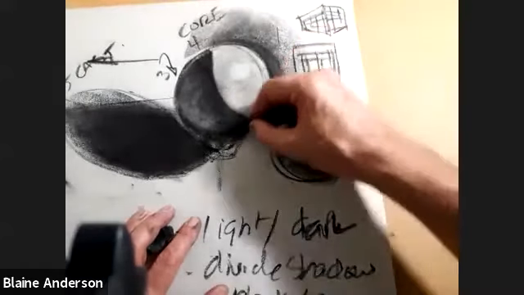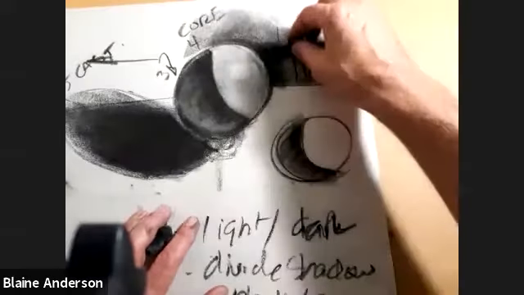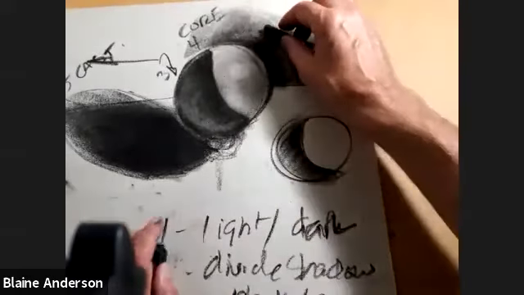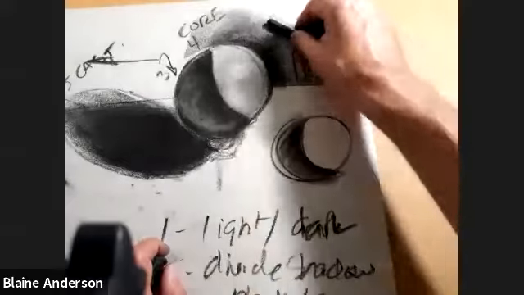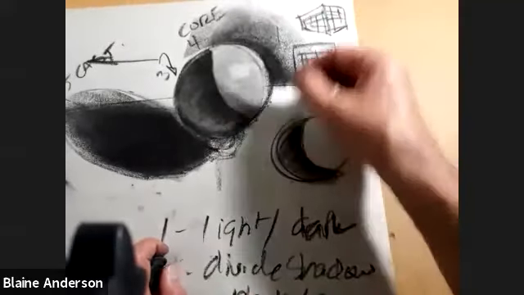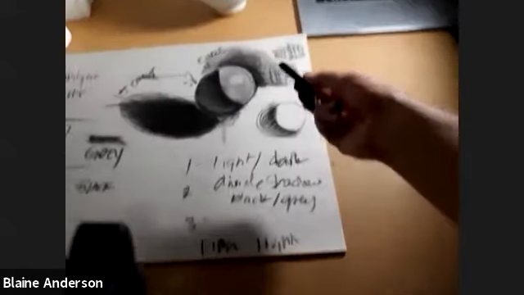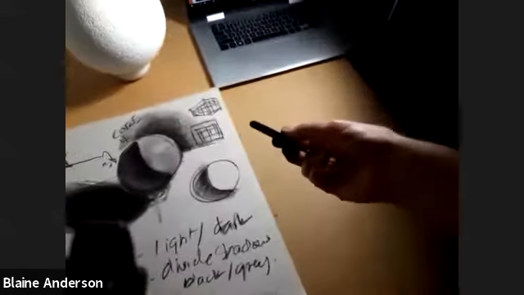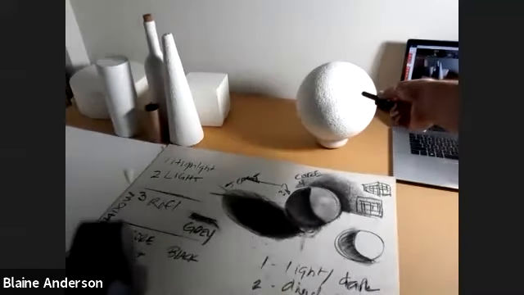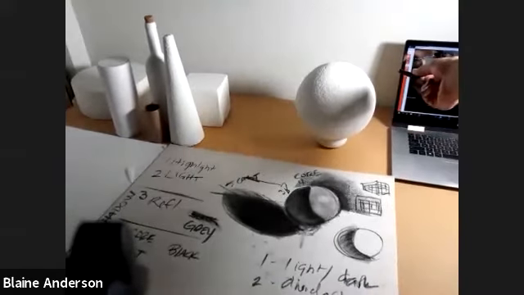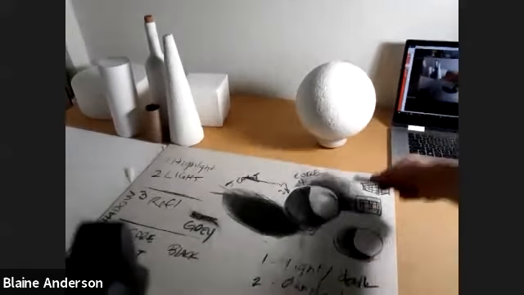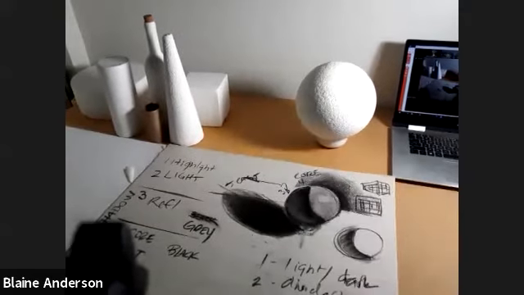Maybe I'm going to repair this a little bit too. So charcoal still tells us, as we go with charcoal, it's not so much a line here. This black line doesn't really exist in the sphere that I see up in front of me. What I see is a transition from this white part of the ball to the black part of the wall behind it. So this line got eaten up by the black wall behind it.